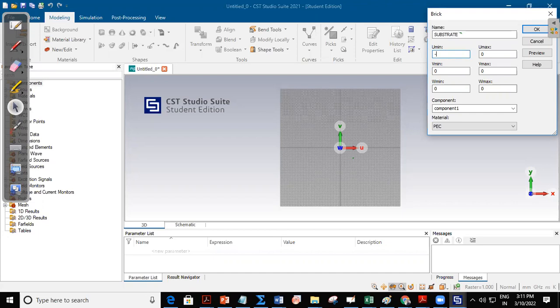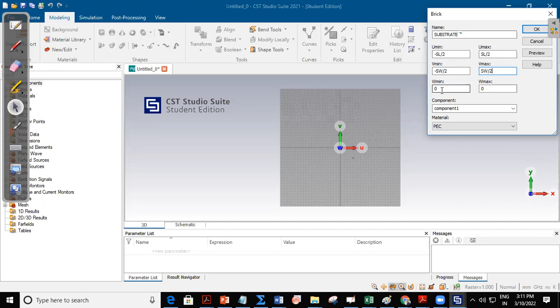So minus SL by 2, because we want to orient it exactly at the center. Minus SL by 2 to plus SL by 2 is your length. The width in the V direction is going to be minus SW by 2 to plus SW by 2, where SW means substrate width. We want to orient it on the plane, not on the half of the plane.